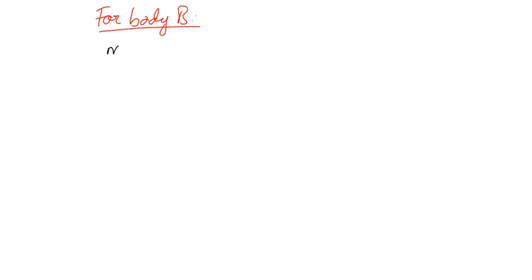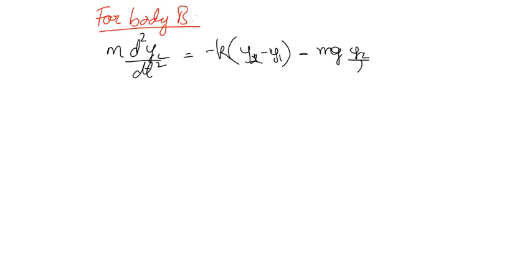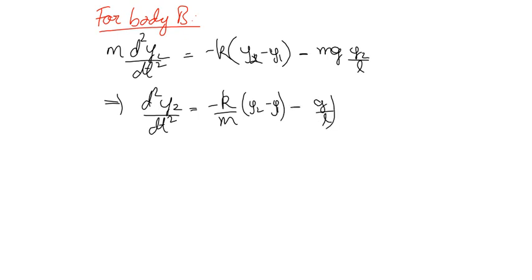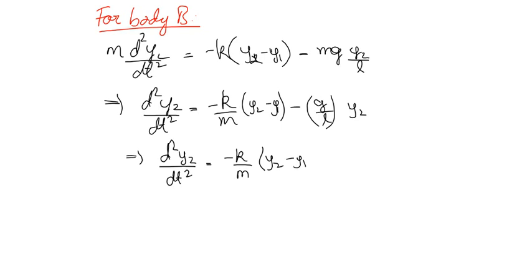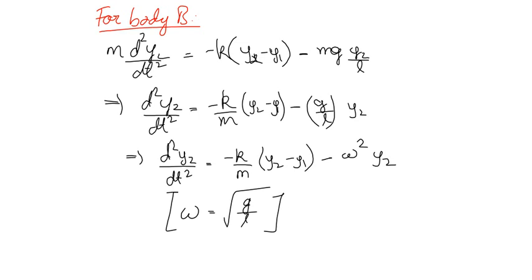Similarly, we can write m d square y2 by dt square is equal to minus k times y2 minus y1 minus mg y2 by L. So dividing m on both sides, we get d square y2 by dt square is equal to minus k by m times y2 minus y1 minus g by L times y2, which is nothing but d square y2 by dt square is equal to minus k by m of y2 minus y1 minus omega square y2, where as in the previous case omega is equal to root under g by L. So we have got the equation of motion, and let this be equation number 2.